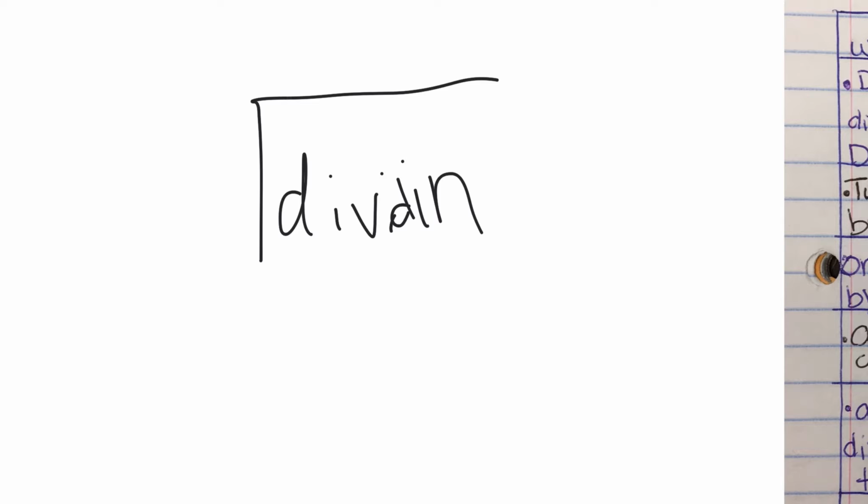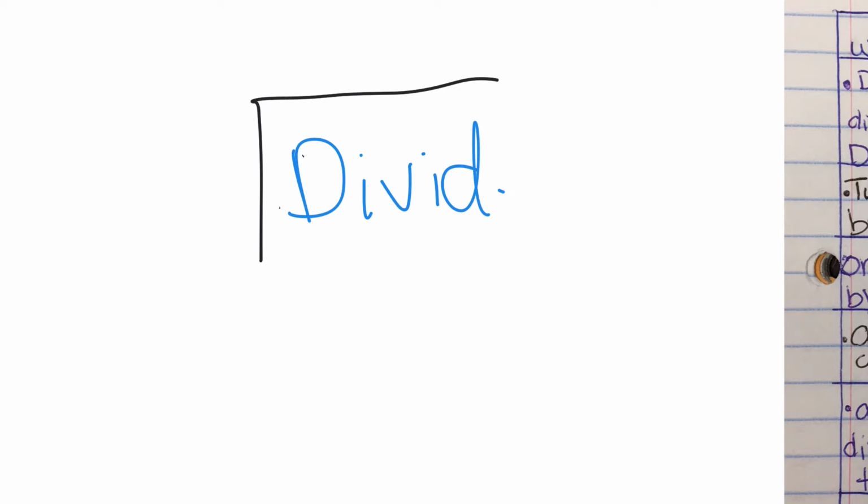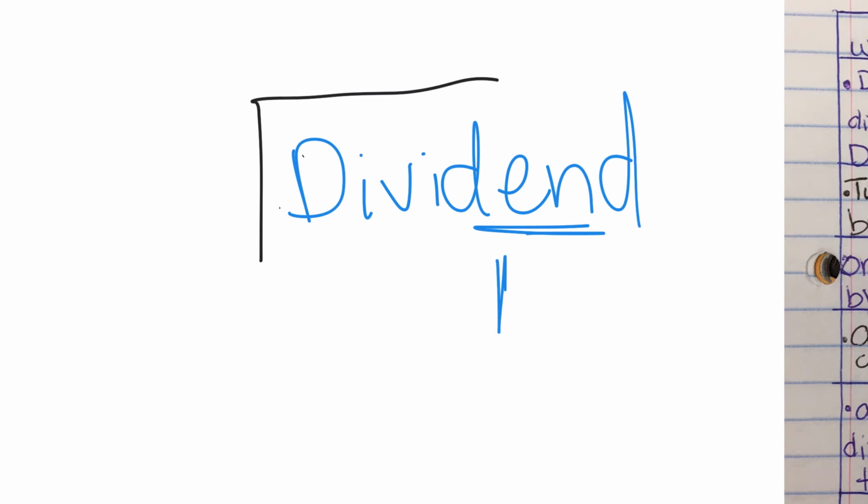And I know that's not how you spell it, but that's the way that we can think of it. The dividend is inside the house. So we'll rewrite that. Dividend, the D, yep, it is inside dividend.